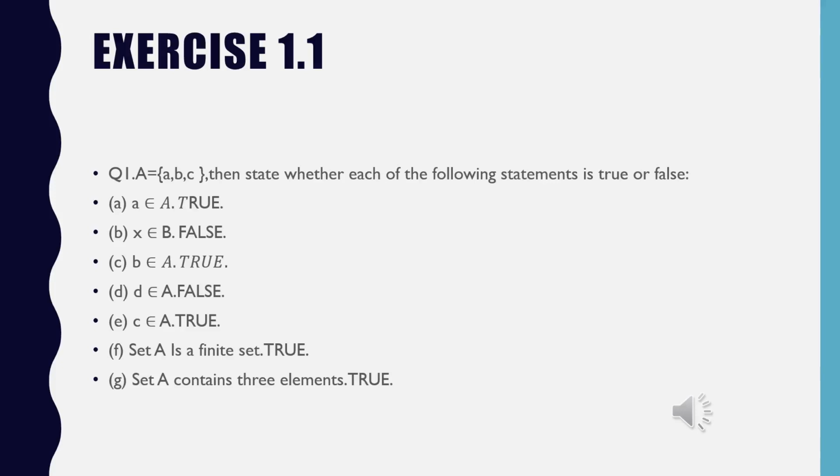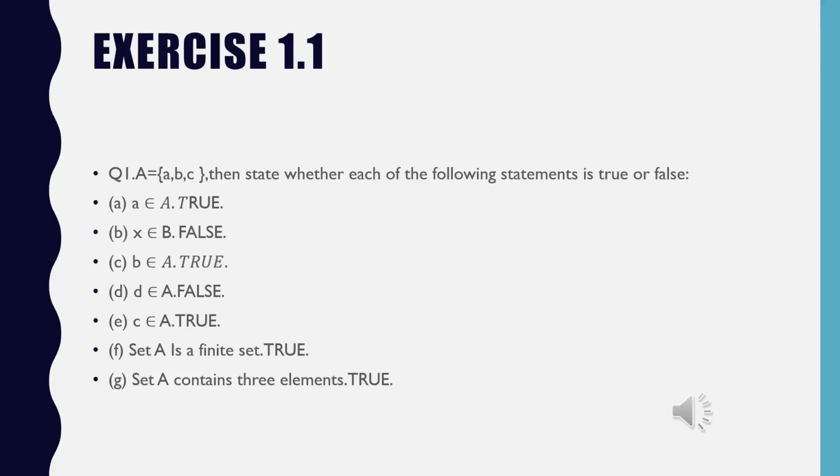Of course, set A consists of small a, so it is true. In B, x is a member of set A. It is false. Why is it false? Because set A does not consist of the alphabet x, so it is false.